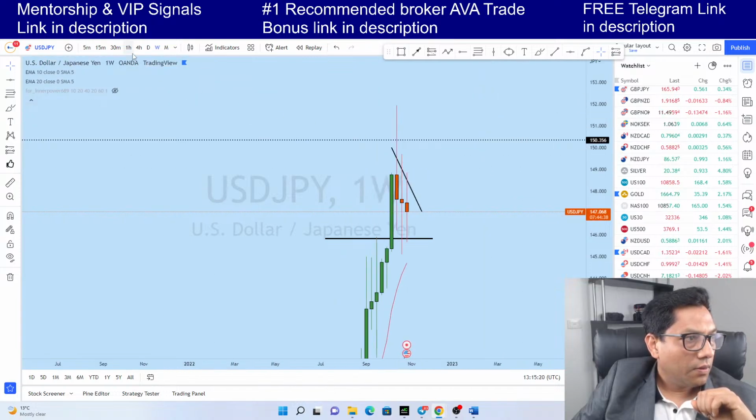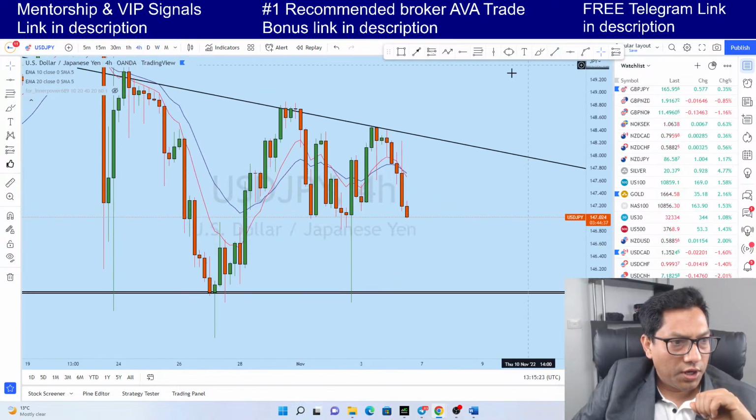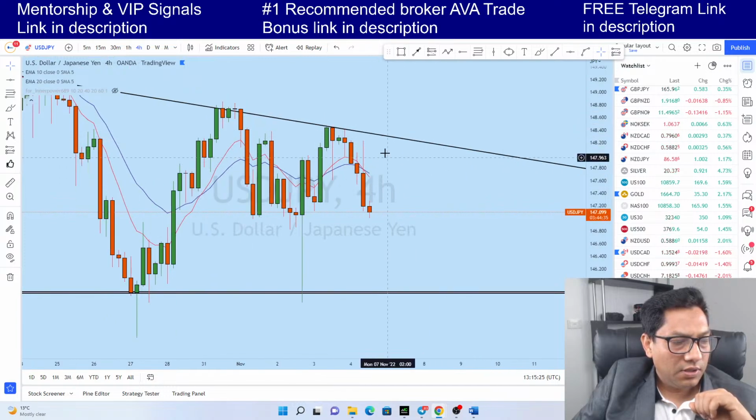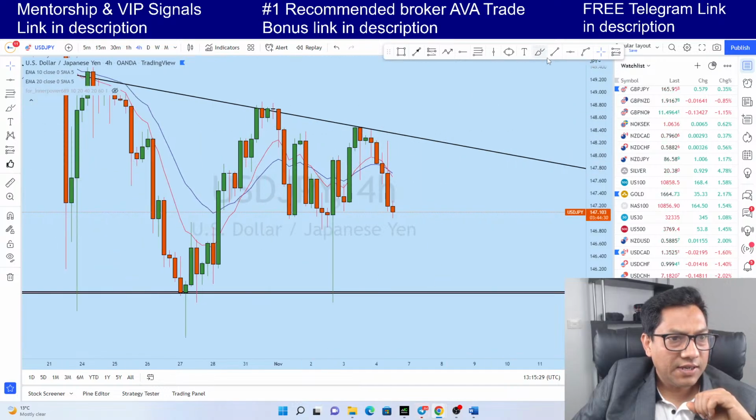So the dollar looks weaker. We have seen a candle. This is the candle which is highly bearish. It has an element of false breakout.